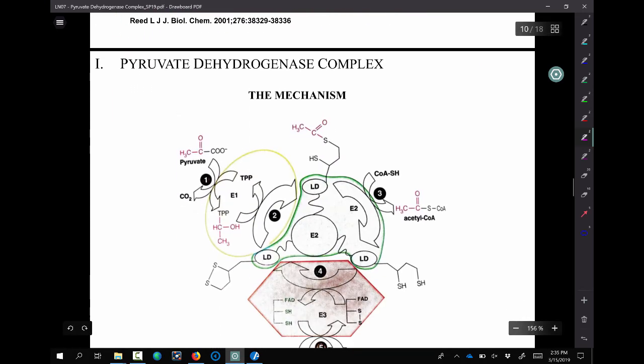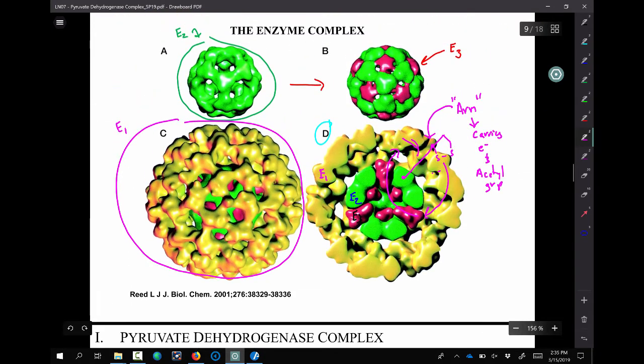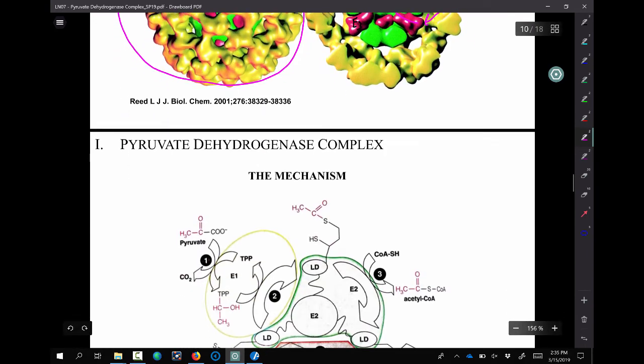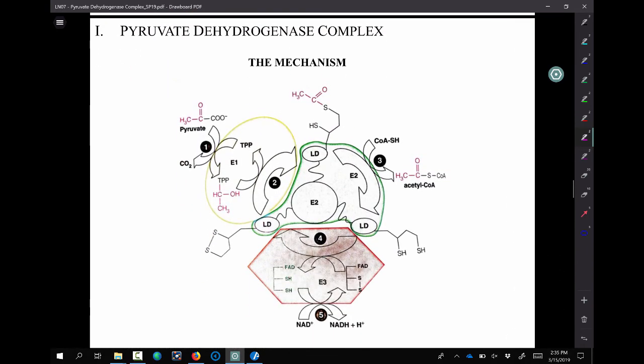Okay. All right, let's do this. The coloring scheme is important: green, red, and yellow. Green is E2, E3 is red, and E1 is yellow. So we have here essentially the three subunits, and you can see the labels: E1, green is E2, and finally red is E3. We're going to look at this from a surface level, because class was canceled on Wednesday, which was okay, I'm sure, with all of you.